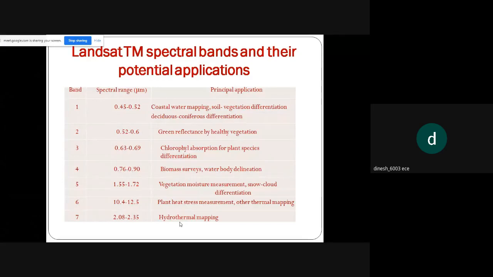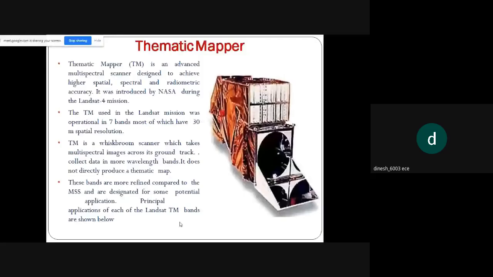So depending upon the need and application, this Landsat was being used. Landsat thematic mapper.